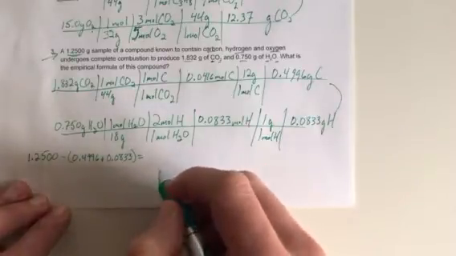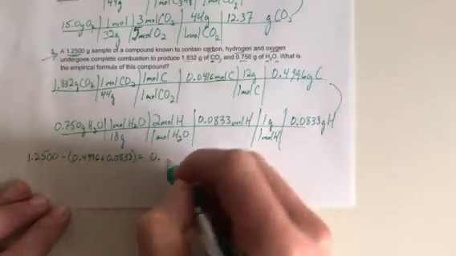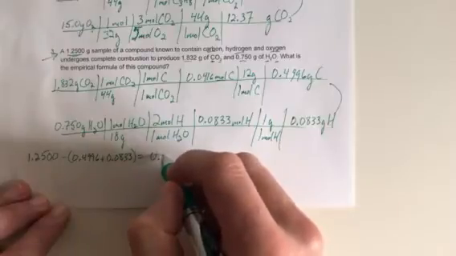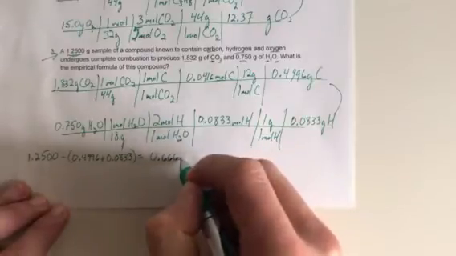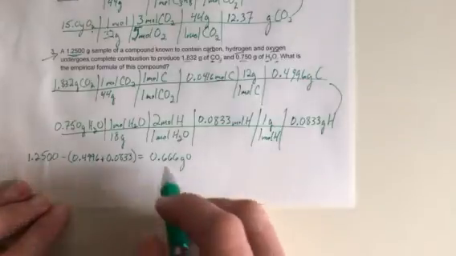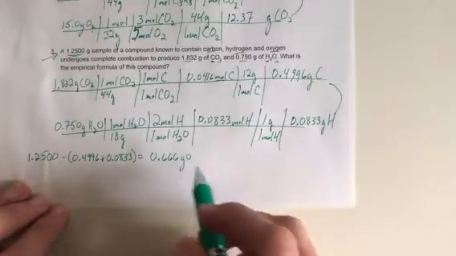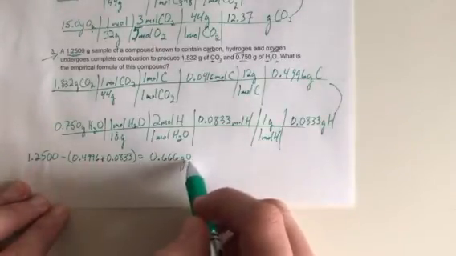And when we solve for that, that is going to be the mass of the oxygen in our sample, 0.666 grams of oxygen.